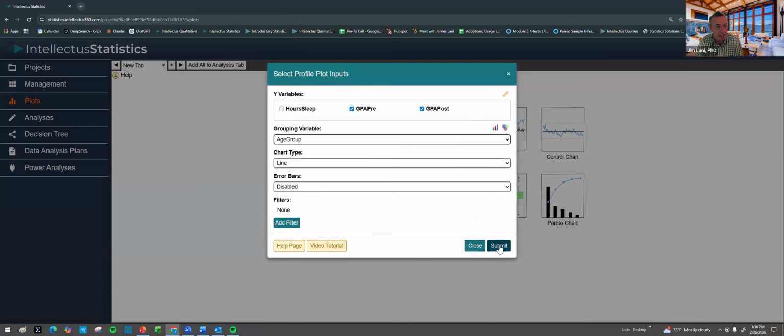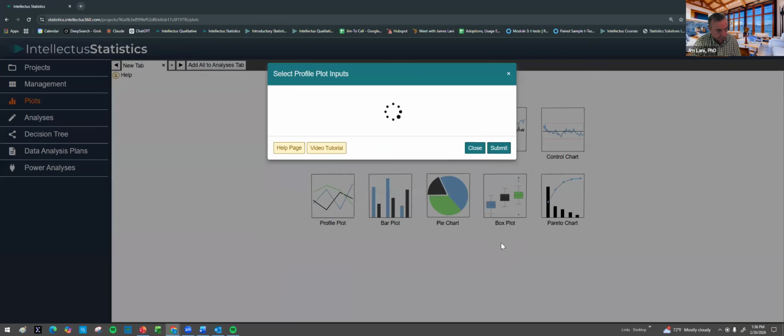So just know that videos are there and icons to help you make sure that only that level of measurement can be entered. But if you think you have GPA and you have ABCD and it's nominal, you're not going to be able to show that. So if your variables do not show up there, looking at the level of measurement is going to be the key.